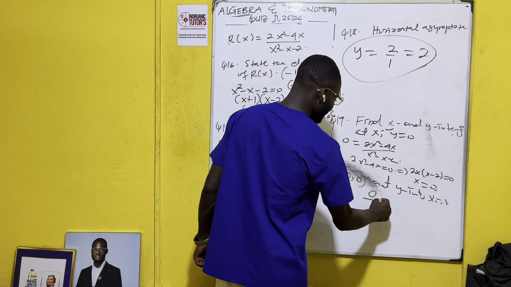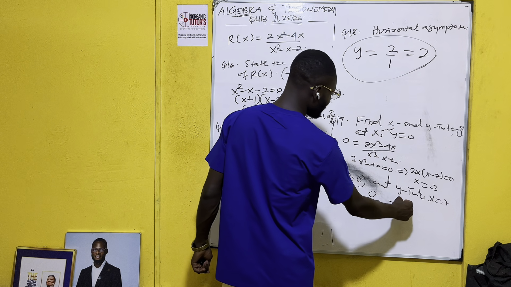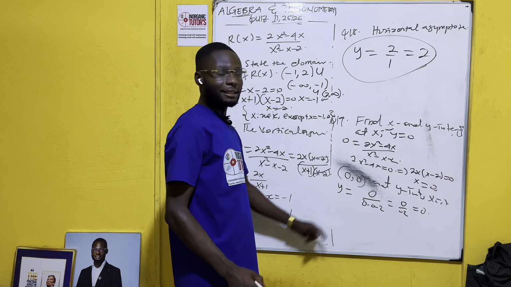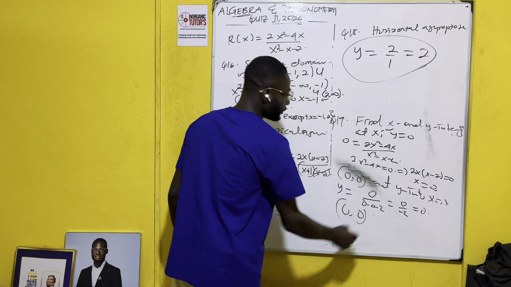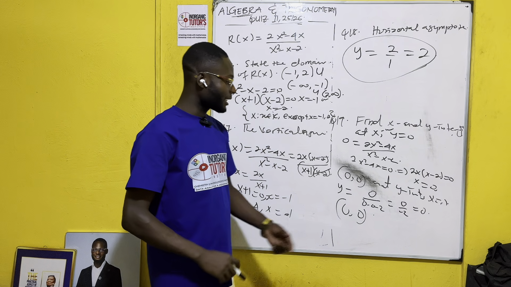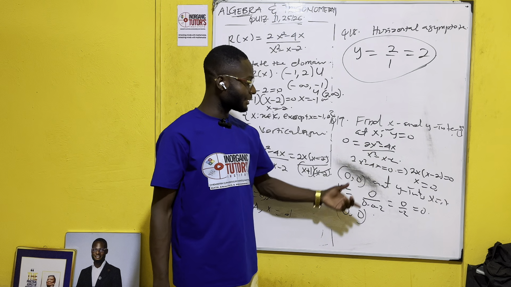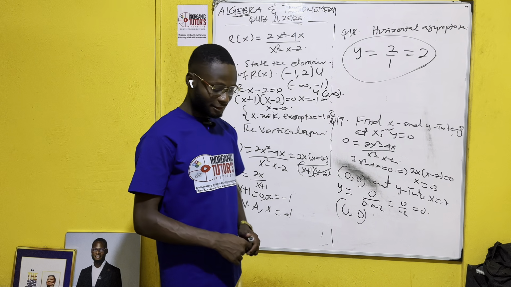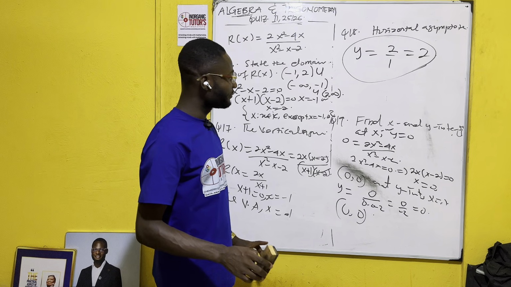So 0 divided by 0 minus 0 minus 2, and this is equal to 0 over -2, which is 0. So at the y-intercept, we have 0, 0. So the intercepts are 0, 0 and 0, 0. Period. That's it. Very, very easy.